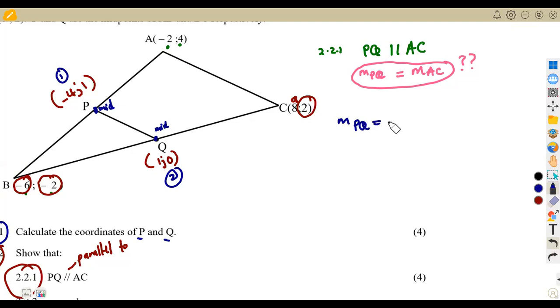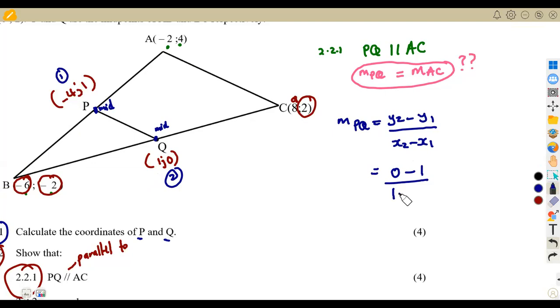So the gradient of PQ, remember our formula, the change in y over the change in x, y2 minus y1 over x2 minus x1, or you can do the other way around. Okay, so the gradient of PQ, that's the y value at the second point. The y value here is 0, that's 0 minus the y value from the first point, which is a 1, over x2, which is the x value at the second point, minus the x value on the first point.